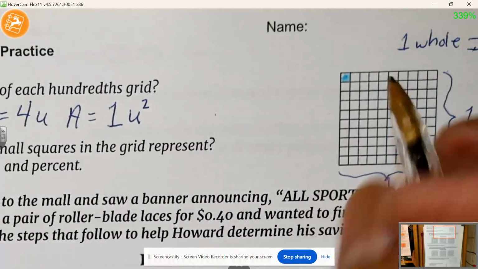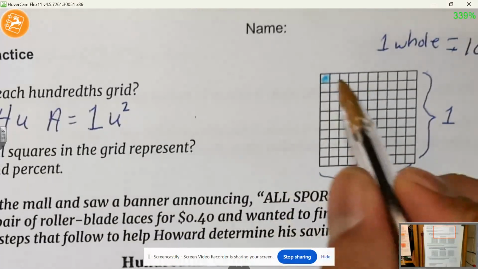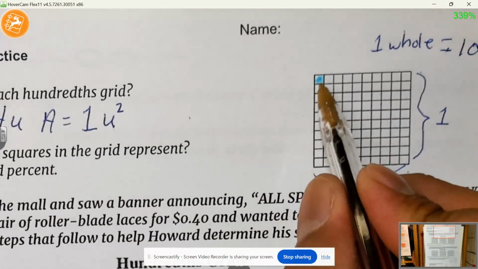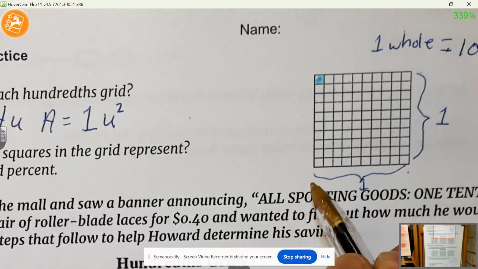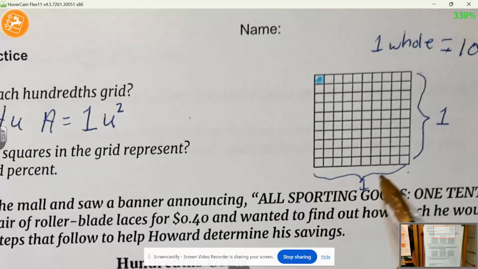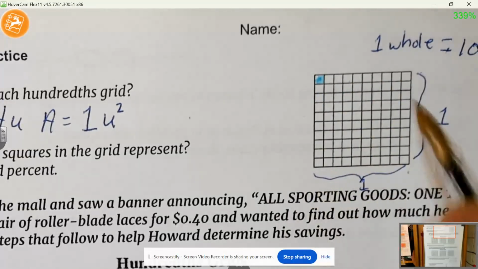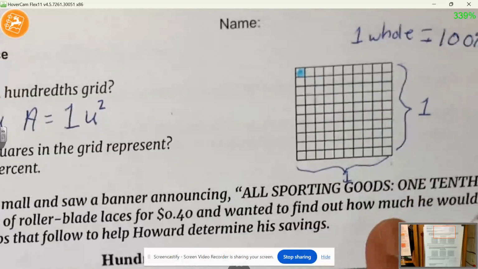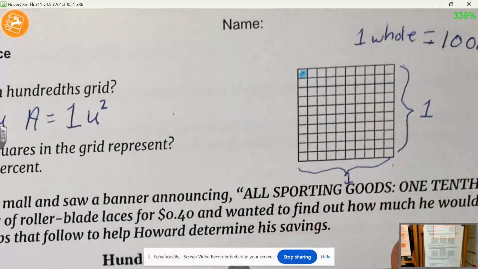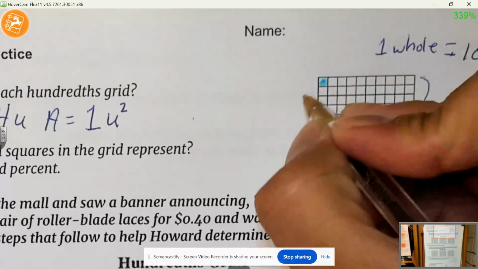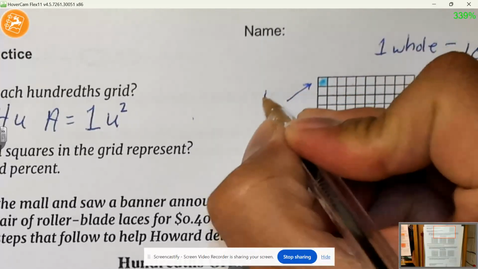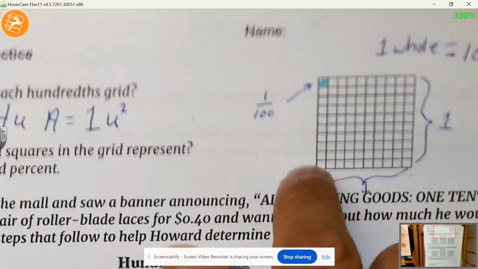So what you should have figured is, since all of these squares, there are 1, 2, 3, 4, 5, 6, 7, 8, 9, 10, and there's 10. So 10 by 10, there are 100 squares here. And if those 100 squares equals 1, then each one would represent 1/100th, 1 out of 100.